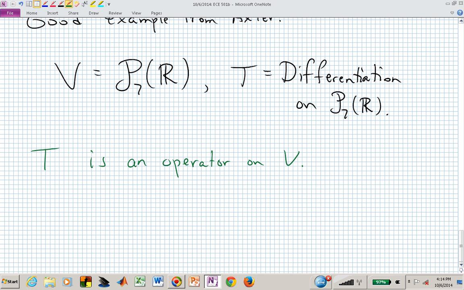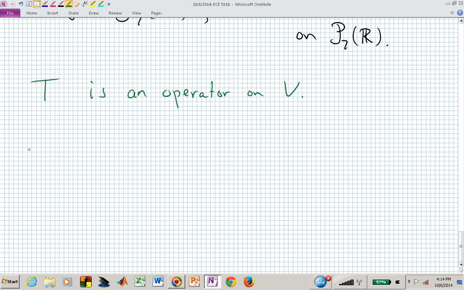Now let's consider a subspace of V to be the set of polynomials that are 4th order or less.